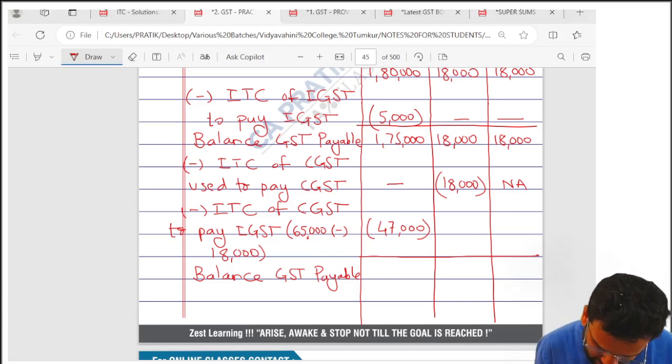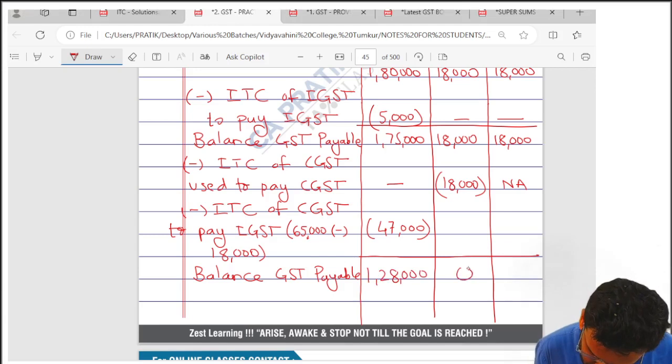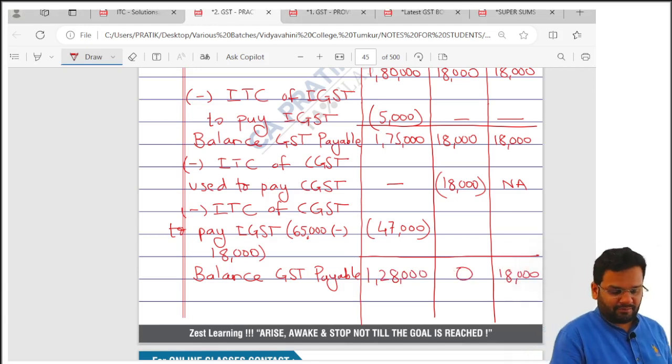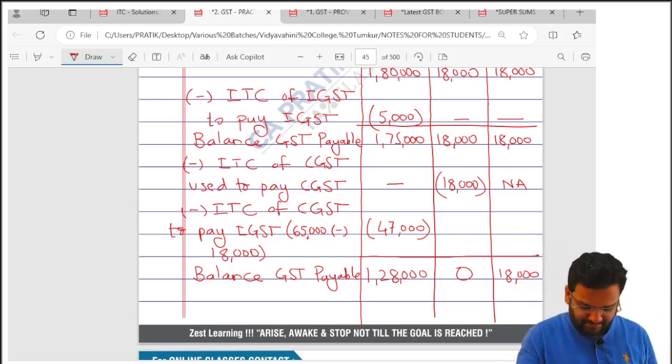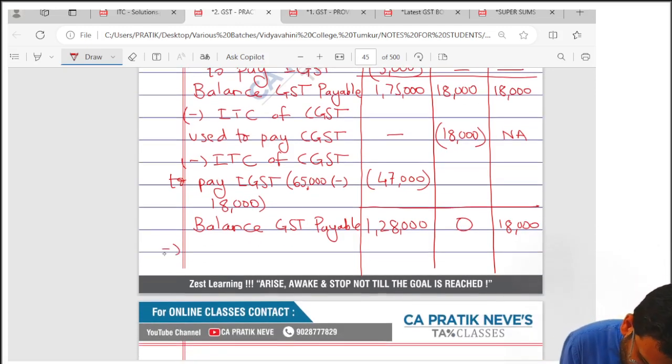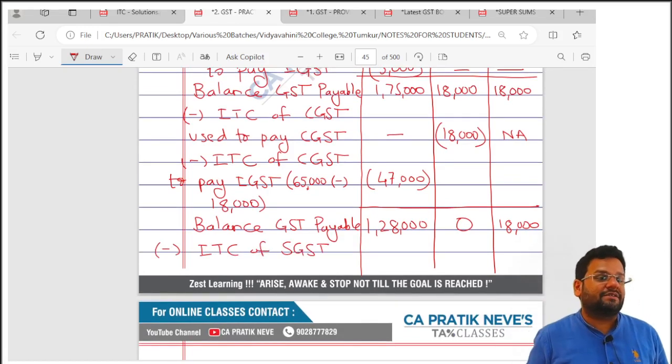How much? 1 lakh 28,000, 0 and 18,000. Less ITC of SGST. What is the ITC of SGST?